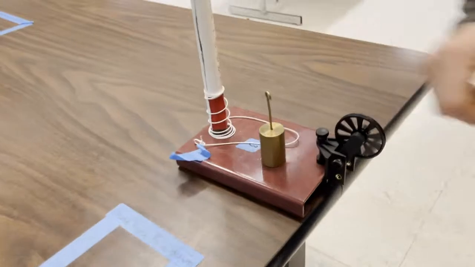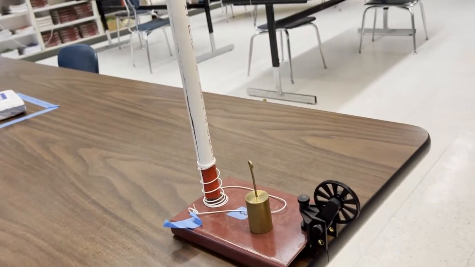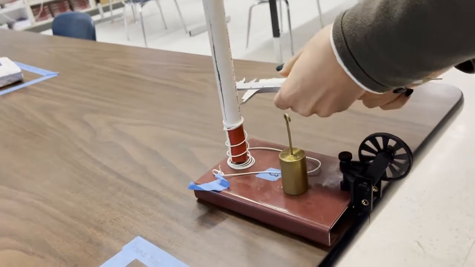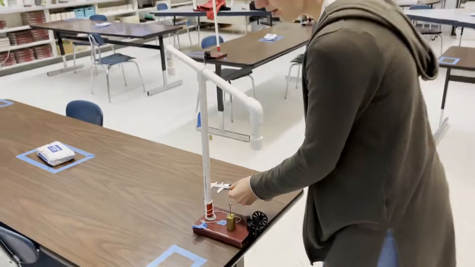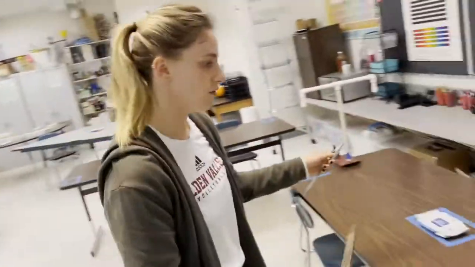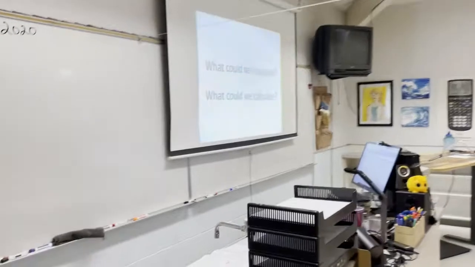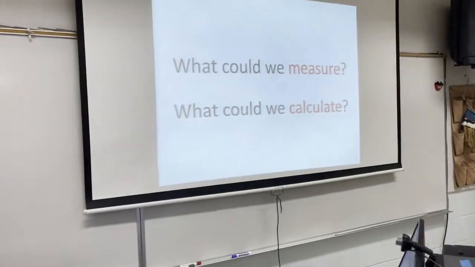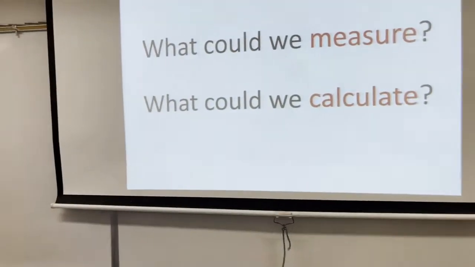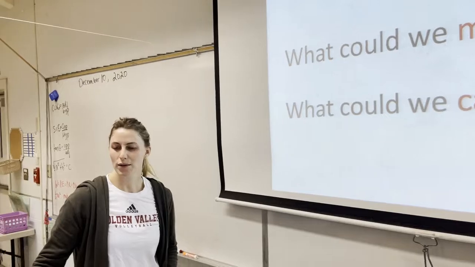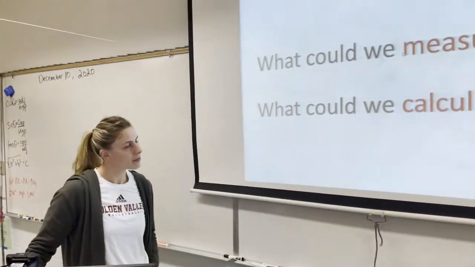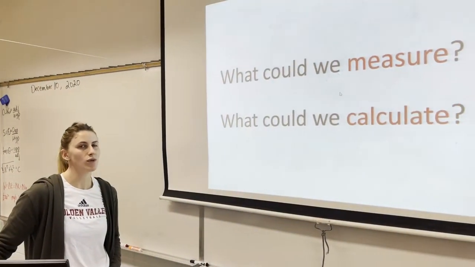So we need to measure the diameter of the pipe, figure out how to measure the diameter here and work our magic. Keeping that in mind, now my other question is, what could we calculate? Should we come back to this? I think we should come back to that one. Think about it. What can we calculate?